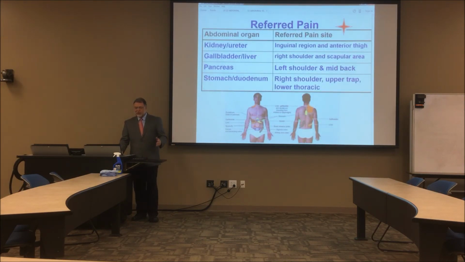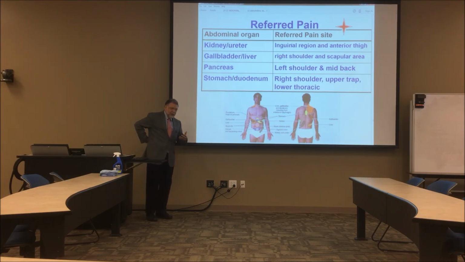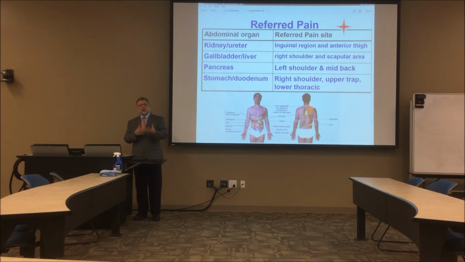Important things for you as a clinician to always understand: you're going to have referred pain. Kidneys and ureters are probably going to give you pain in the area called the renal fossa, and most of the time it's going to be referred pain into the inguinal region, even into the scrotum. So that's a very typical referred pain for the kidney and ureter.